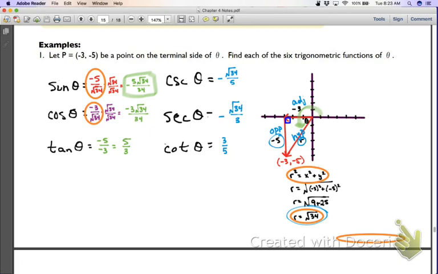Whenever we create our triangle, it's all the same stuff that we've done before. It's opposite over hypotenuse, adjacent over hypotenuse, opposite over adjacent. None of that's changed. It's still making a triangle, figuring out that you have all three sides of your triangle, and using the trig functions.